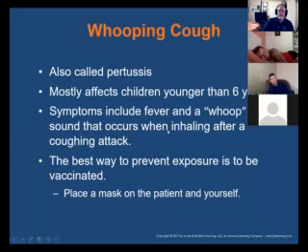It's good to go ahead and get a booster, and get it far enough in advance, like 30 days before being around the kids, so that protects them. What do we call that? Herd immunity.